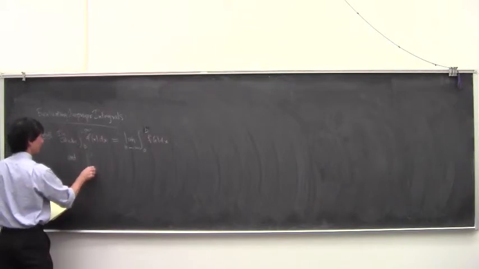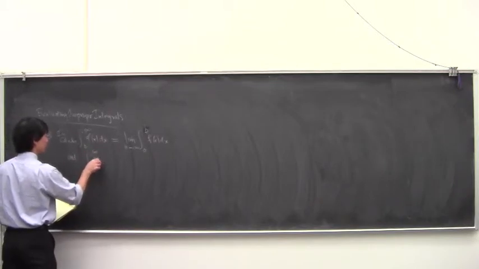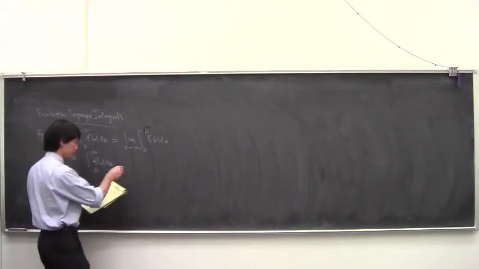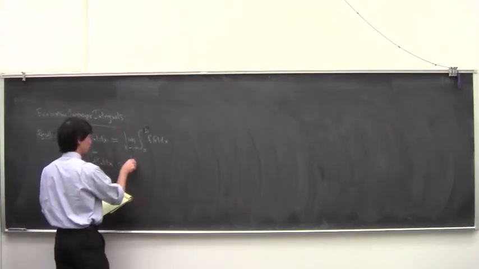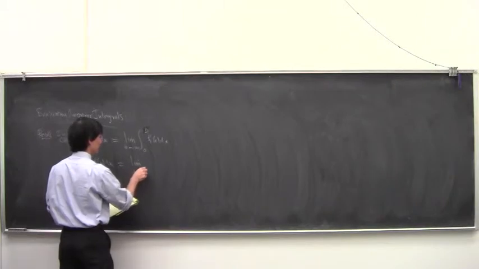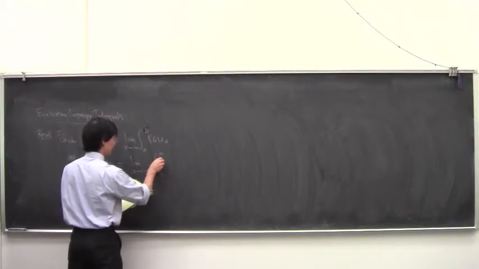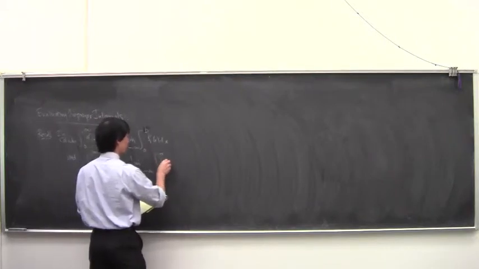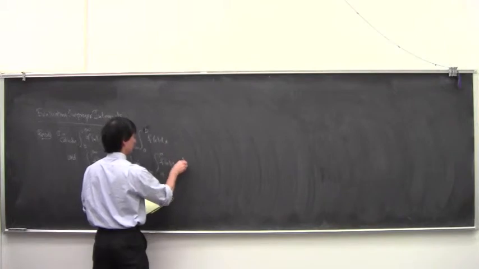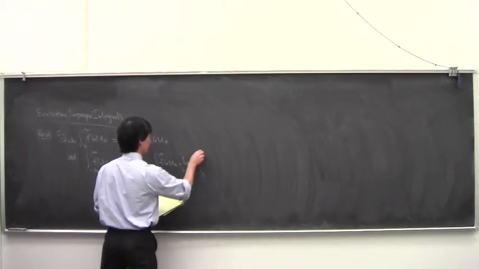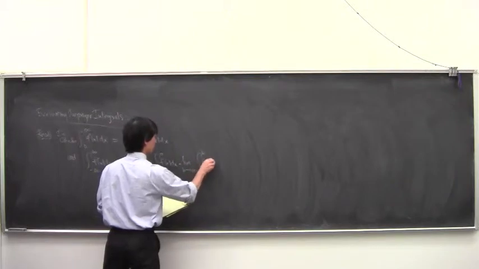And when we wrote something like this, what we meant by it was the limit as a went to negative infinity of the integral from a to 0, say, of f, plus the limit as b goes to infinity of the integral from 0 to b of that thing.